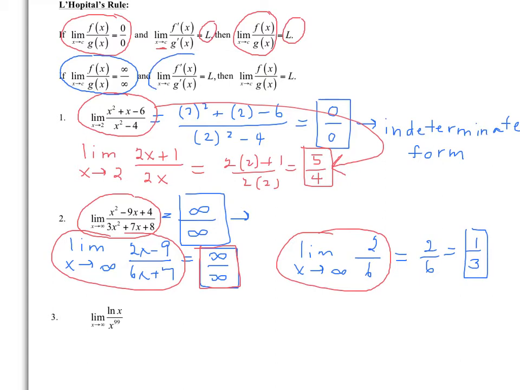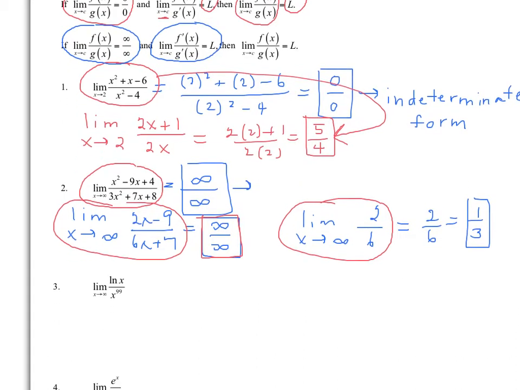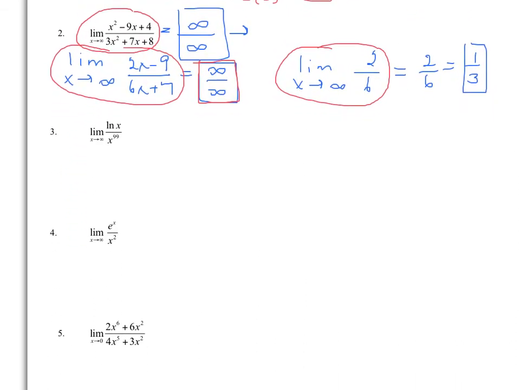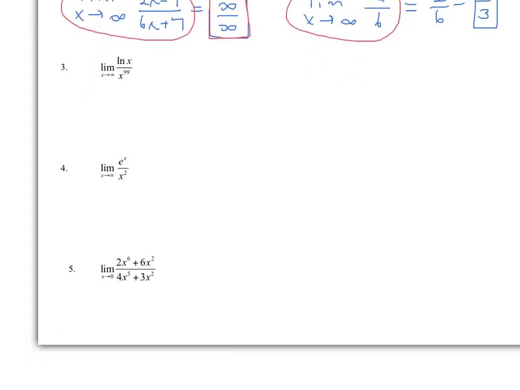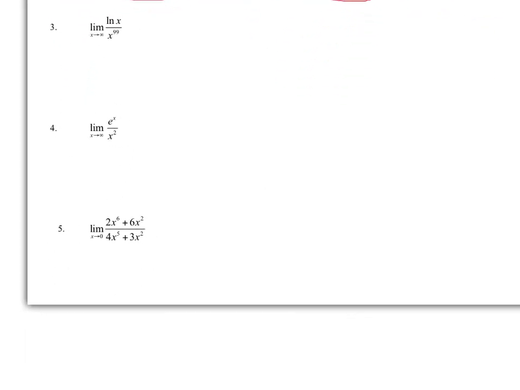You take the derivative of the numerator and the derivative of the denominator, and if you get a number L, then that becomes the value of your original limit. In this example, we actually had to take the derivative twice, and there are examples where you may need to take the derivative multiple times.